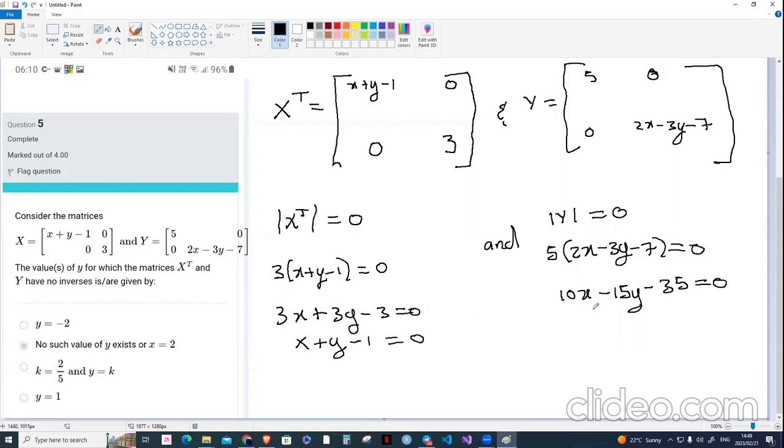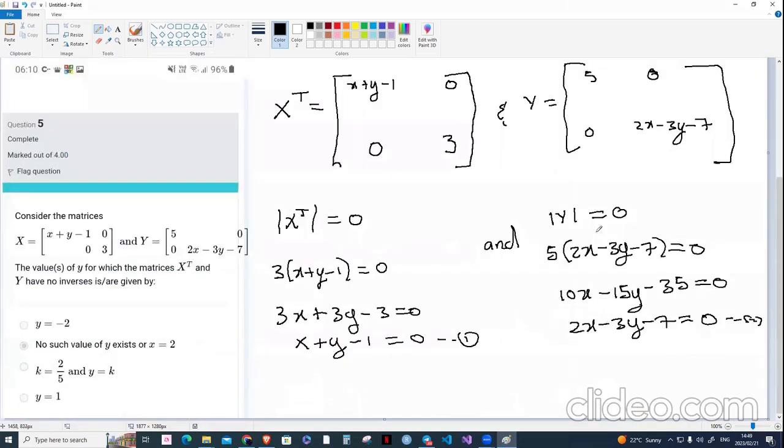And divide everything by 5 here. Actually, I could have just divided here, man. Anyways, 2x minus 3y minus 7. Yeah, the step was not necessary. So now we have two equations. We can solve them simultaneously or using elimination. I'm just going to use elimination.